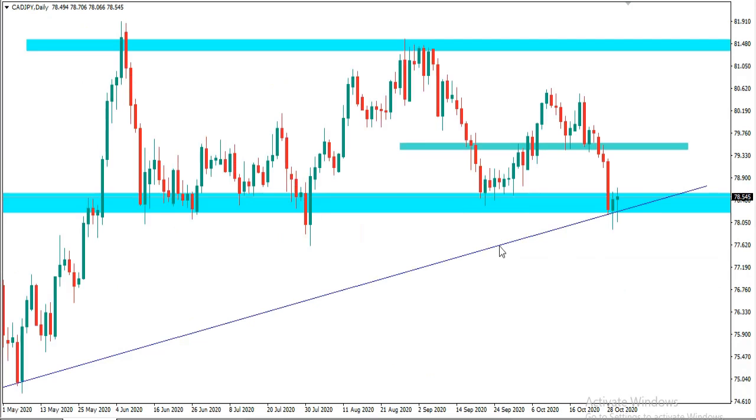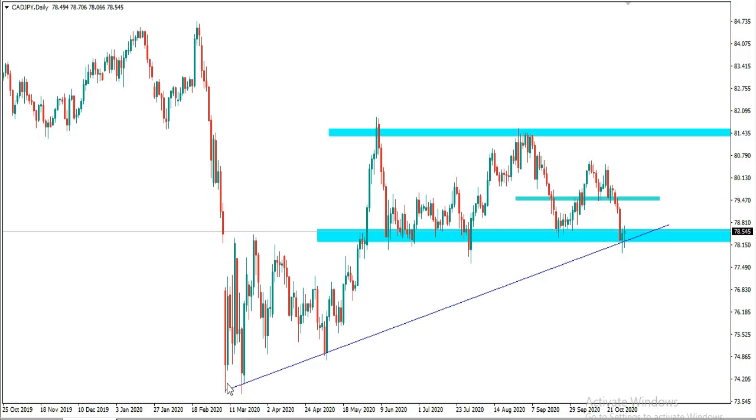Okay, so from the daily time frame, we have this ascending trend line right here. You can see how the price started from this area, found support at this point, found support once again at this point, and now we have the price finding support once again at this confluence. As you can see, we have ascending trend line support. We also have this horizontal level at that area, and also if I add this, we'll see that the area is still acting as a wedge support.